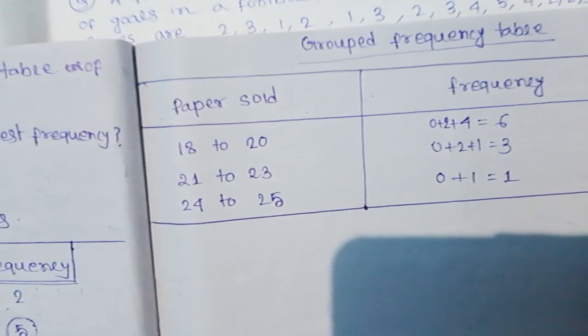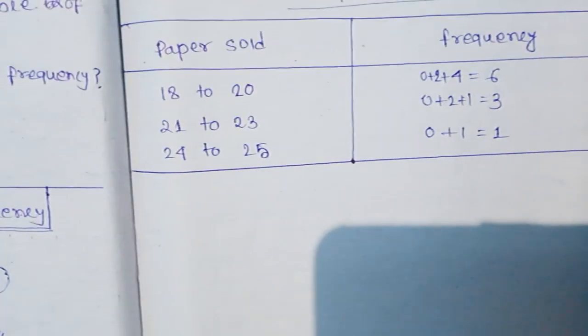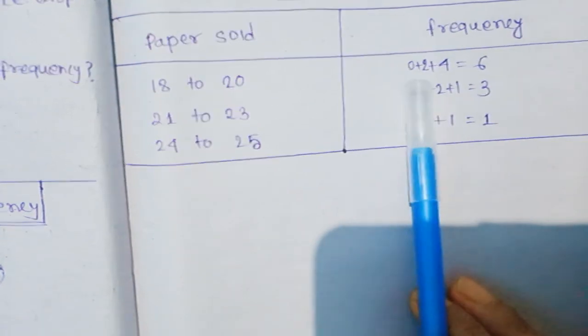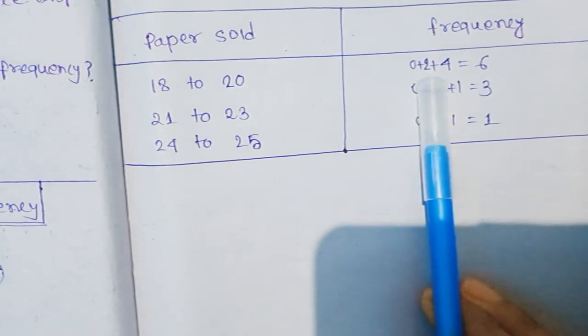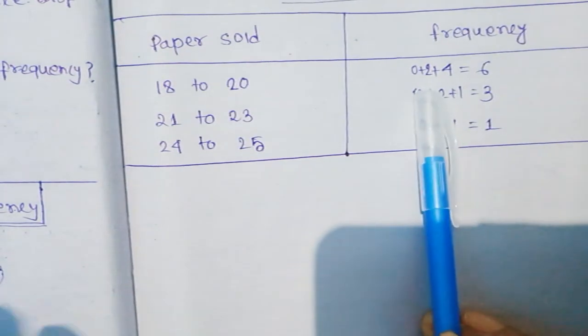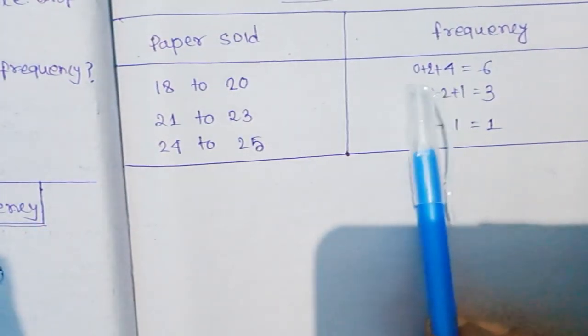As you can see, the group frequency table is there. 18 to 25 was the data. Here we have formed groups from 18 to 20, 21 to 23 and 24 to 25. In three groups we have divided the whole data. And how to write the frequency? We just add the frequencies. Frequency of 18 was 2, and in the simple frequency table you can see the 18 frequency was 2, 20's frequency was 4, and 19's was 0.